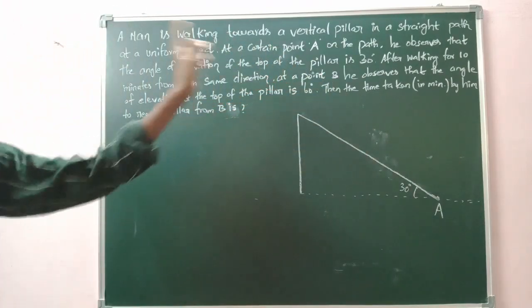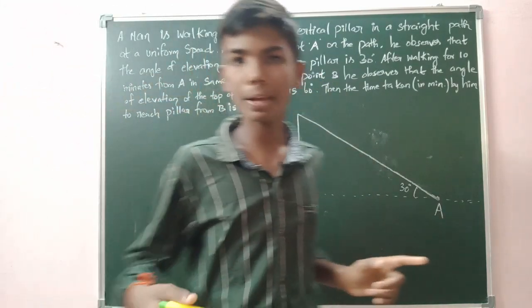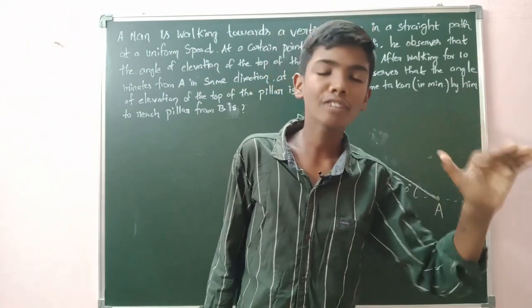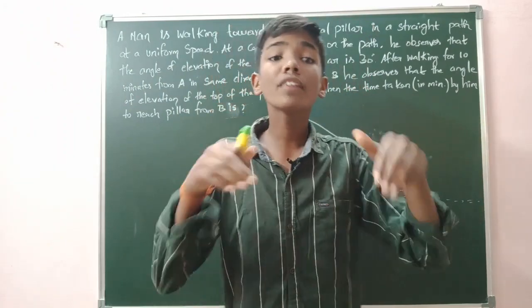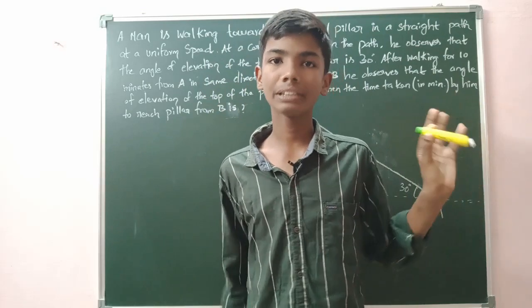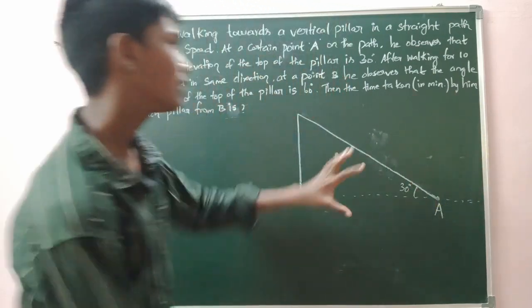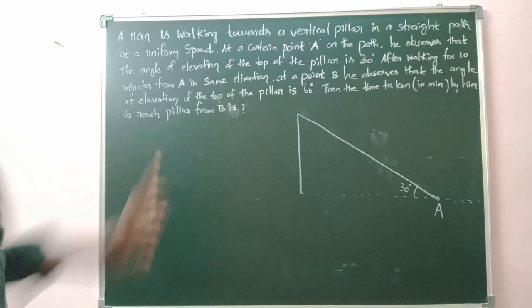But angle of depression is not needed now. I'm just saying the concept behind it. The angle between the line of sight and the horizontal level when you are looking downward is what we call the angle of depression. But the given thing is angle of elevation.